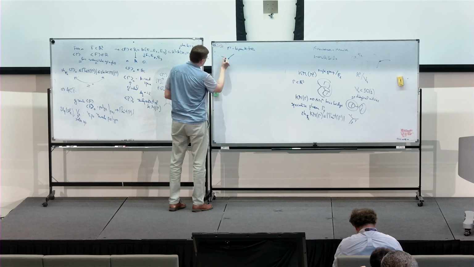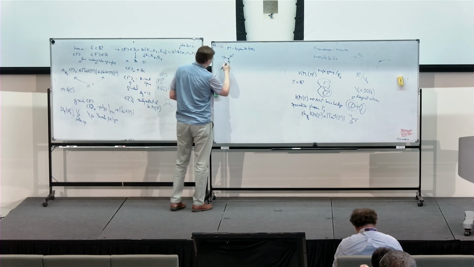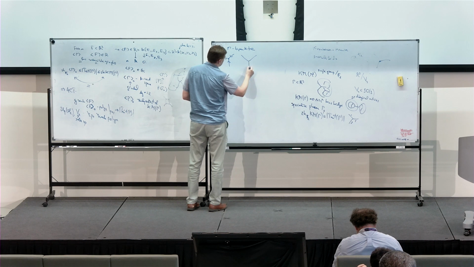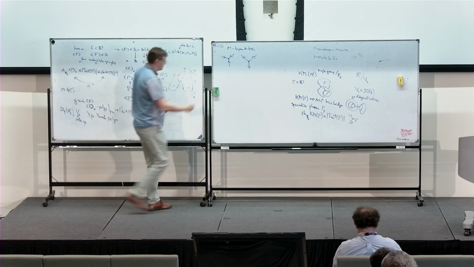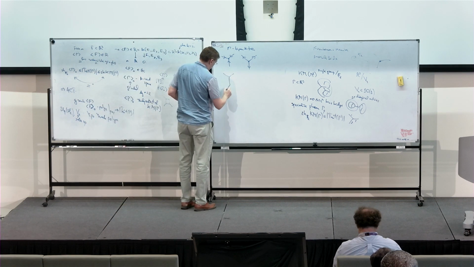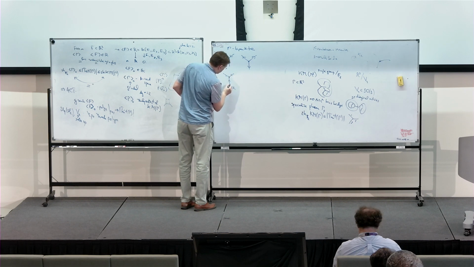We can orient the edges such that every vertex is either an in vertex or an out vertex, in or out. So that every edge goes from an out vertex to an in vertex.